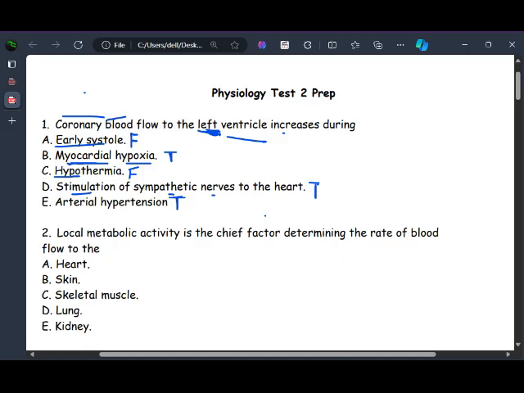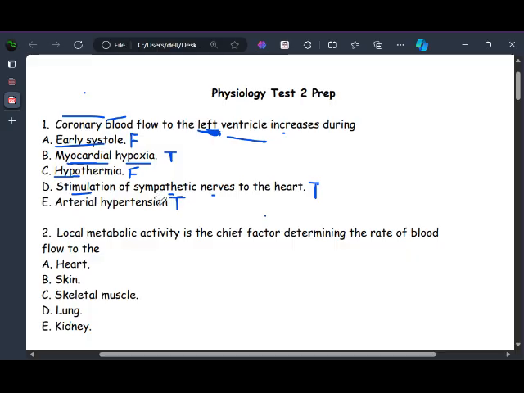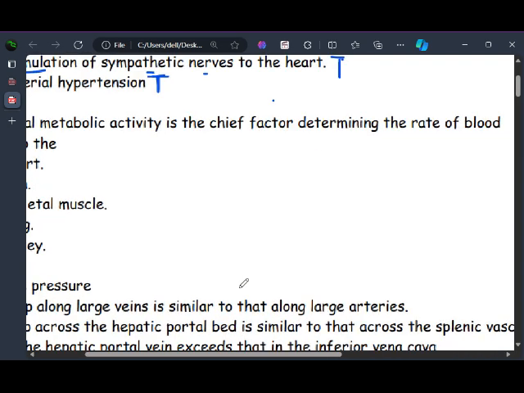If you have increased blood pressure in the peripheral arteries, once the blood has left the aorta into the arteries, blood flow to the left ventricle also increases as a result. So there's a direct relationship between coronary blood flow, not only to the left ventricle but to other parts of the myocardium, and arterial hypertension. Okay, we can move on to the next question.